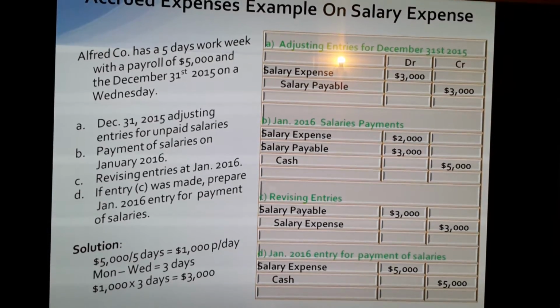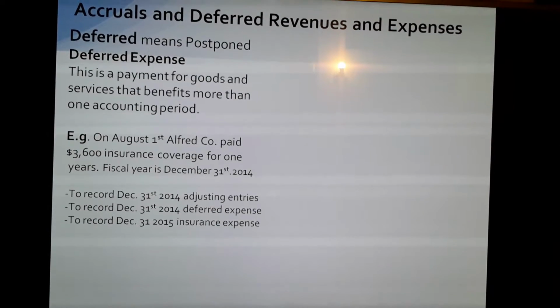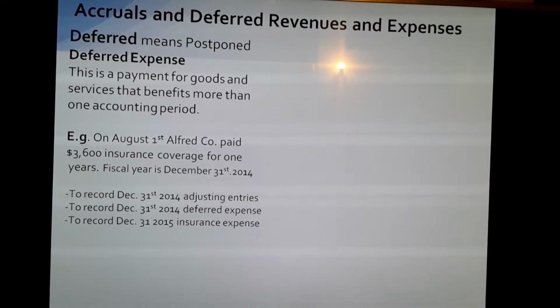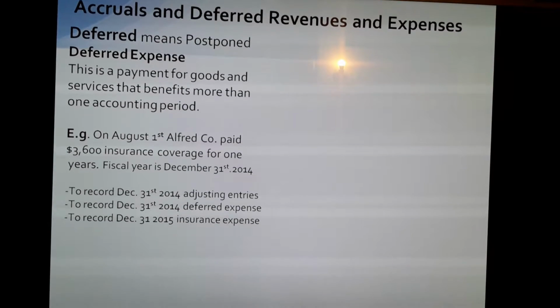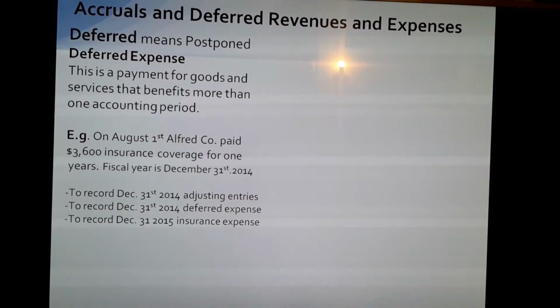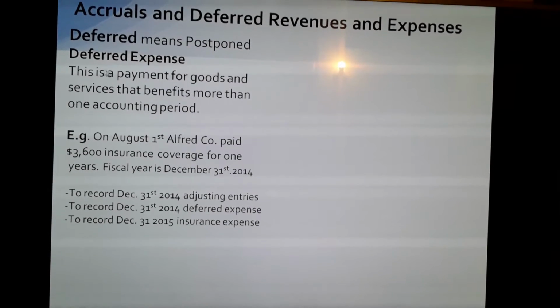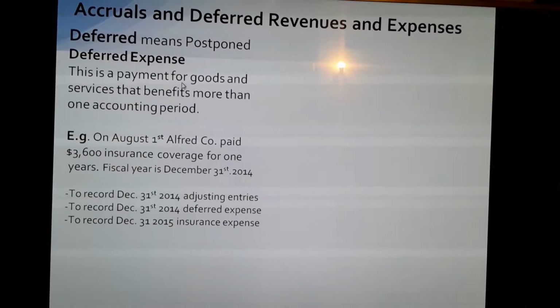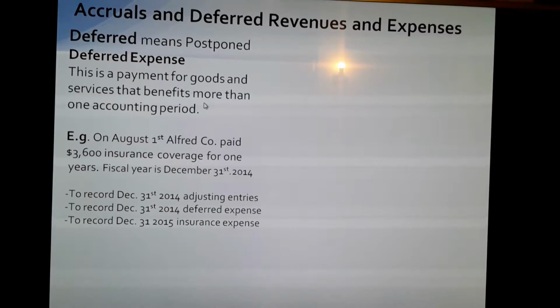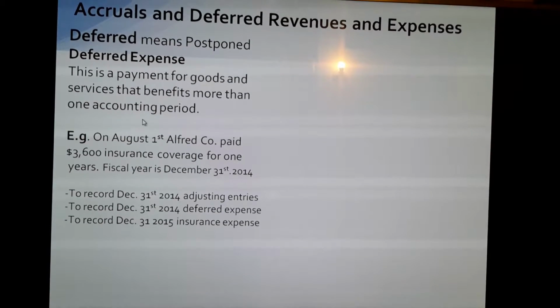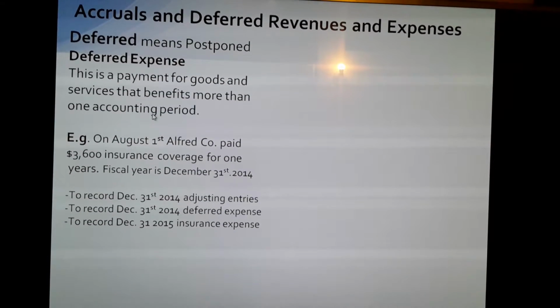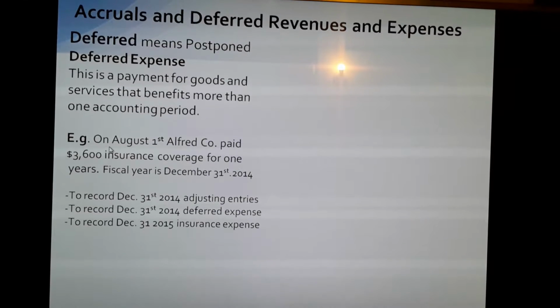So you already paid your employees. Okay. So deferred. Deferred means to postpone. When you postpone something, you defer. Okay, deferred expense. We say this is a payment for goods and services that benefits more than one accounting period. So we think about insurance when we see something like this. Okay, so let's bring an example.